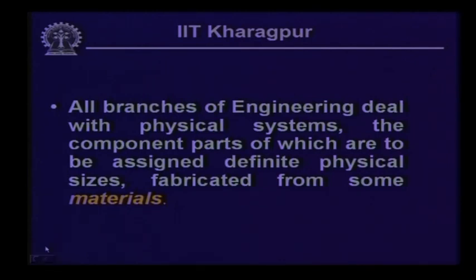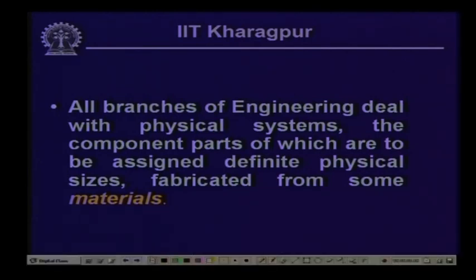Now, it is interesting that all branches of engineering deal with some kind of physical systems, and these physical systems are composed of individual parts. If we look into different systems from different engineering disciplines, we will find they are composed of different elements, and when each individual element is connected together, they give the whole system.